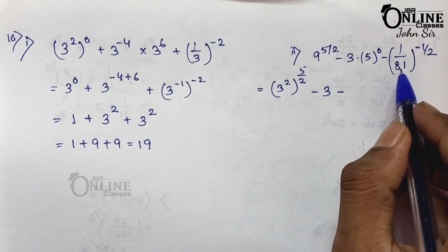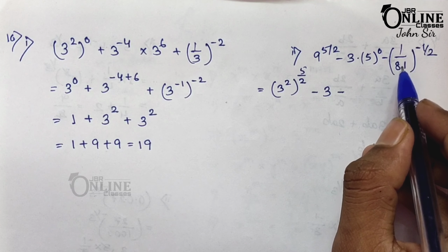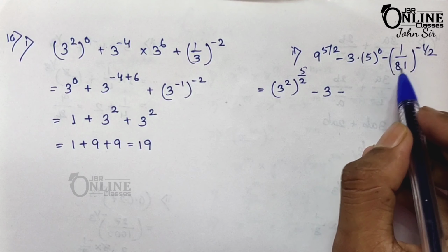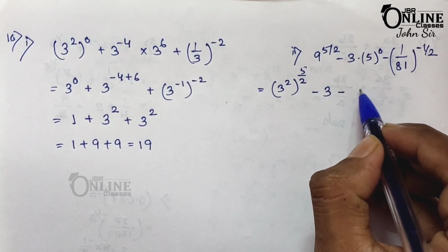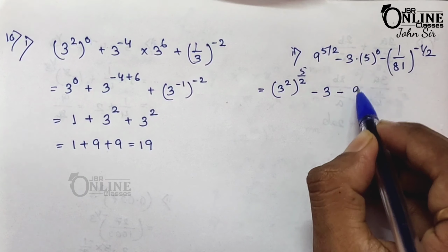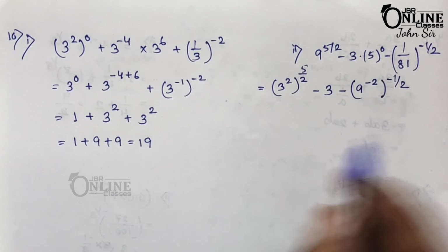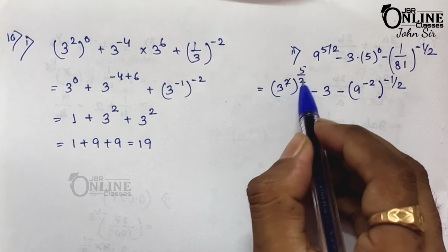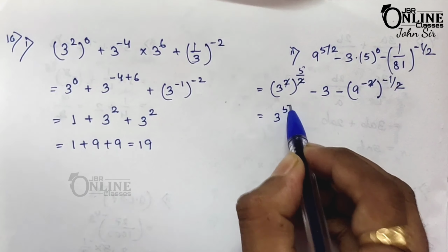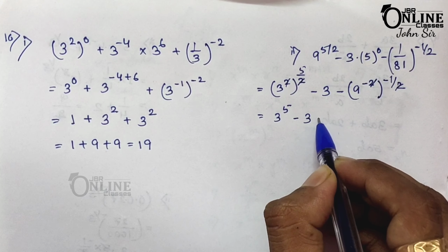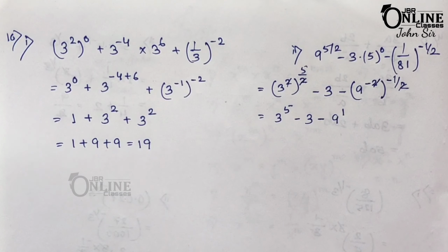Now here 1 by 81. 81 means 9 square or 3 to the power 4. 1 by 9 square means 9 to the power minus 2. So it multiplies with 1 by 2 minus. So here 2 cancels out. Here also 2 cancels out. So it will be 3 to the power 5 minus 3 and minus, here minus plus, 9 to the power 1.